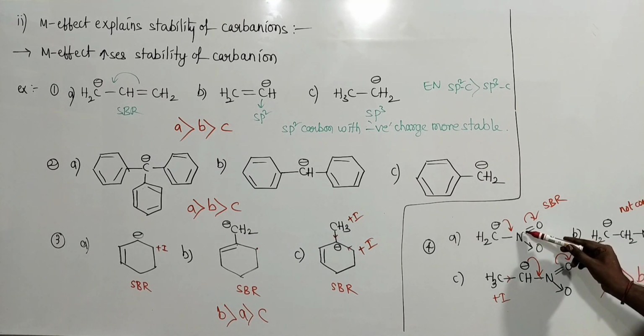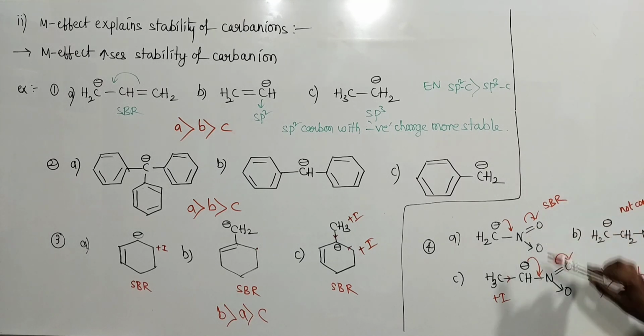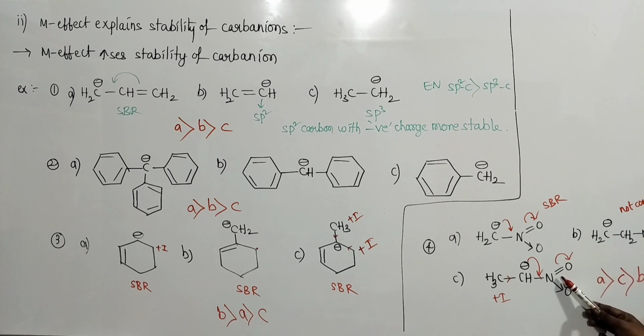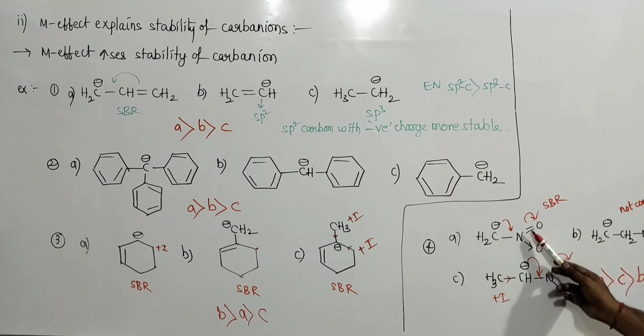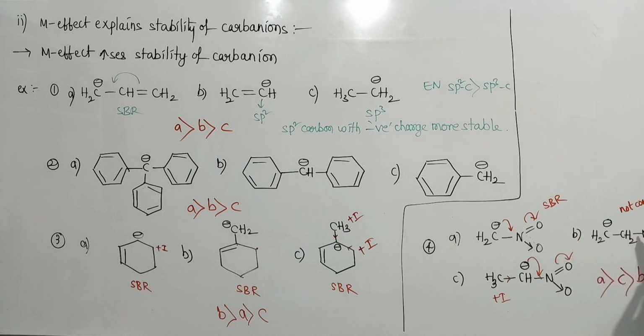Here only resonance, stabilized by resonance. Here stabilized by resonance but with a plus I effect. Plus I group is unfavorable for anion, but resonance is favorable. Here only favorable. Resonance is favorable; here resonance is not possible. So compare.